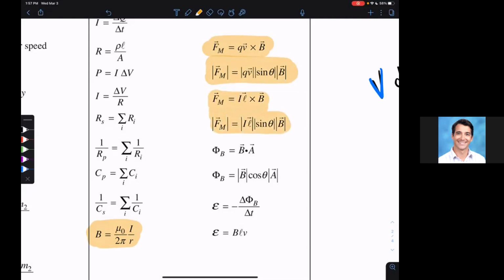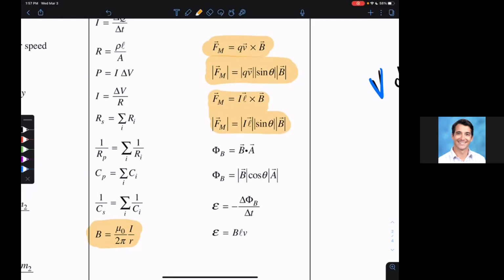We actually won't be doing the cross product in this class, but for your future reference, you're going to see that in your upper level math classes, and then you'll know that applies to physics sometimes. So we'll just do the absolute value stuff, and we'll end up taking a sine of an angle.